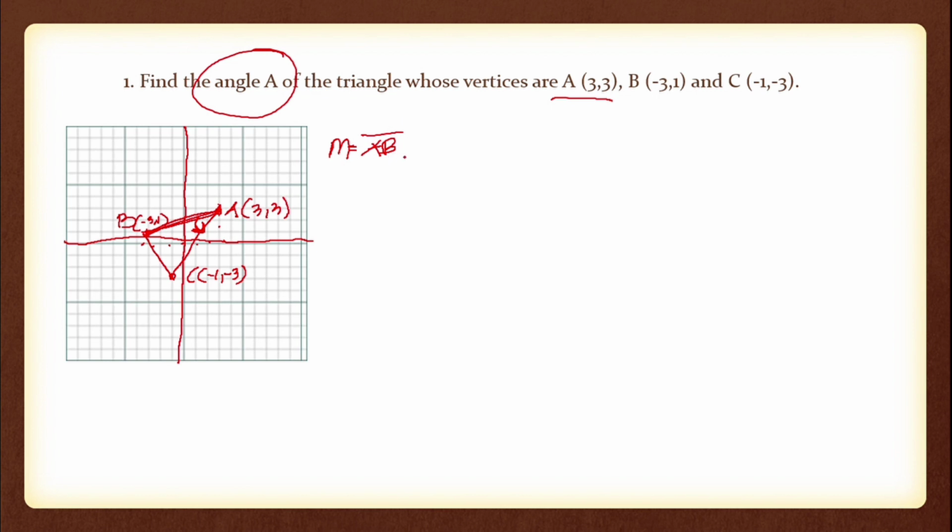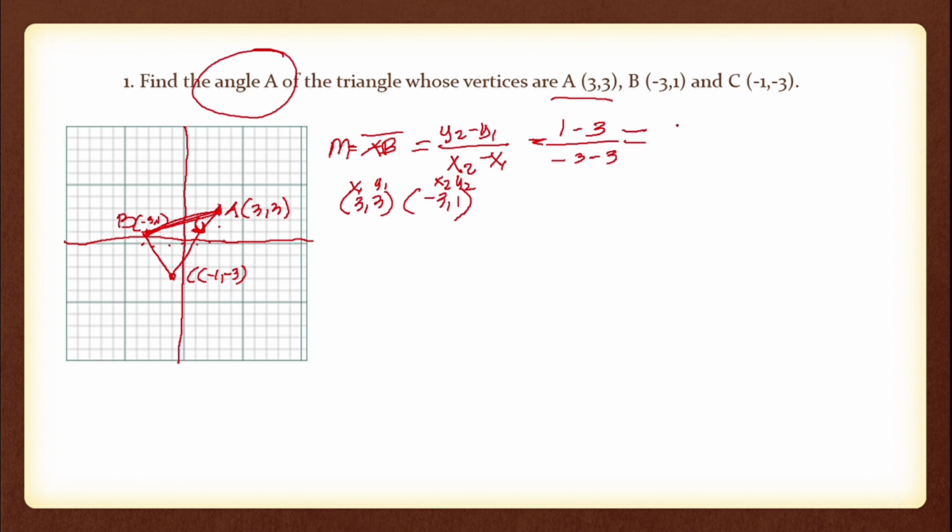So the slope of segment AB is equal to y sub 2 minus y sub 1 over x sub 2 minus x sub 1. The points here are (3, 3) and (-3, 1), so this is our x sub 1, y sub 1, x sub 2, y sub 2. So we have y sub 2, which is 1, minus 3, over x sub 2, which is -3, minus 3.